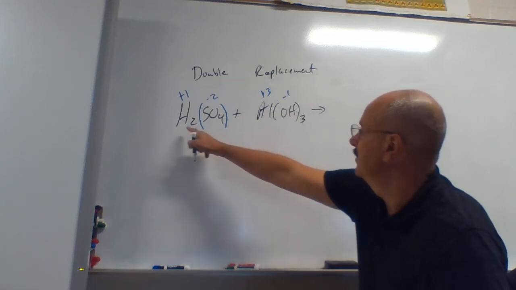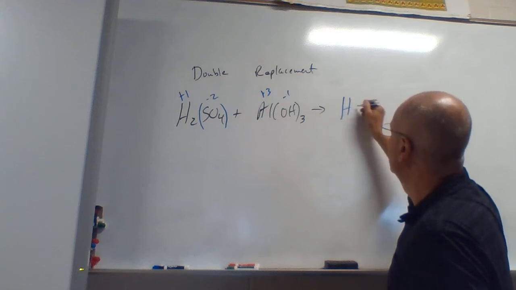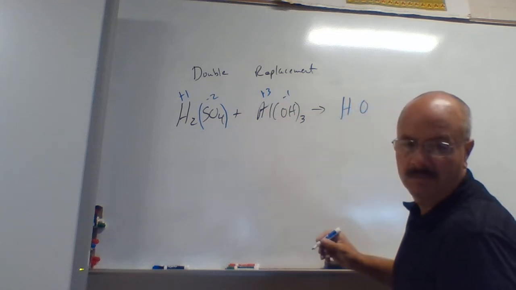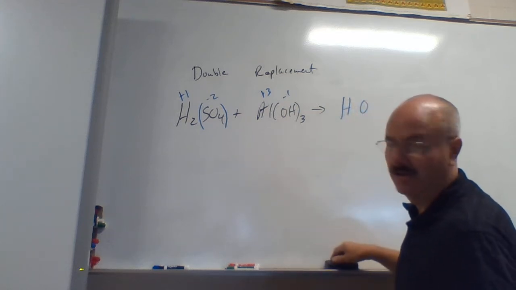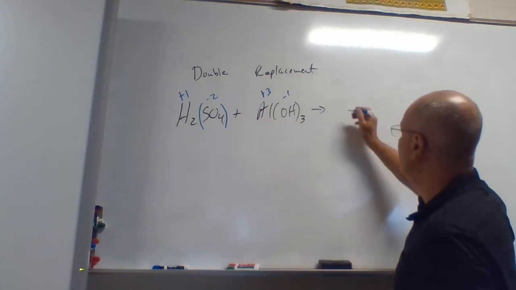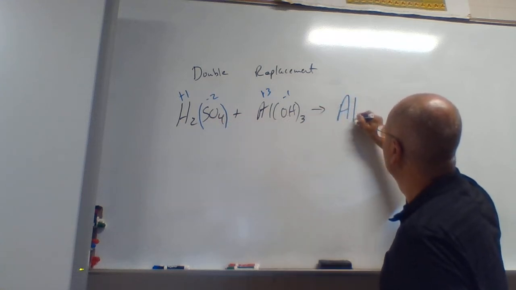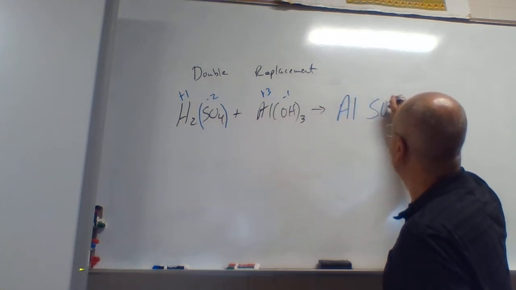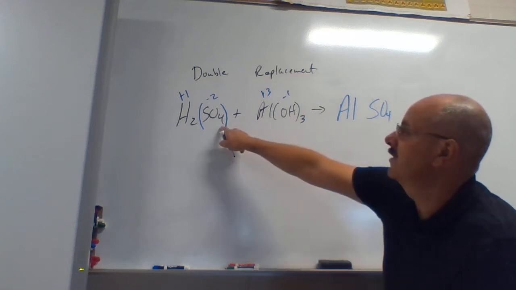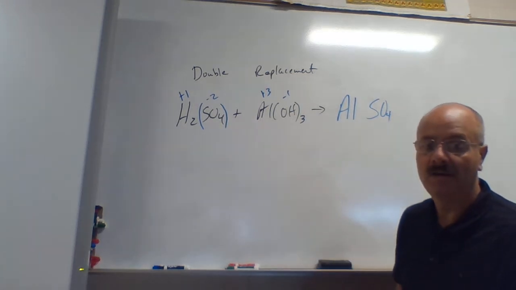All right, so the H is going to join up with OH. So we're going to go H and OH. Oops, wait, let me do it the way in which I did it in the notes. So we're going to do the Al first, and we'll have it the same way you got. So the Al is going to join up with the SO4. Now notice I did bring that 4 across only because that's one of the polyatomic ions, right?